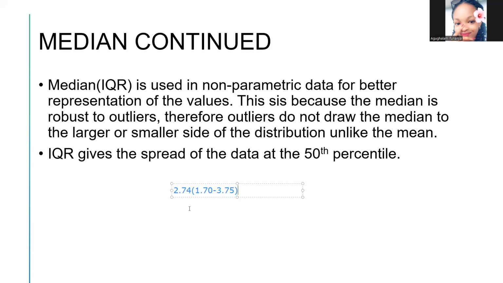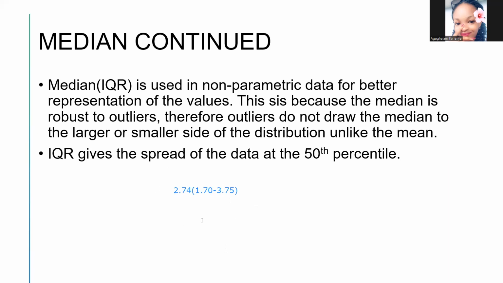That is why, when I said earlier that if the median income is 45,000 naira, then 50% are earning above that 45,000 naira, and 50% are earning below it.